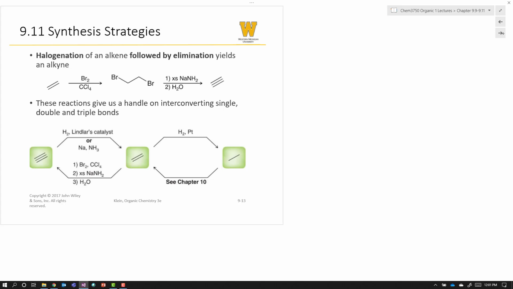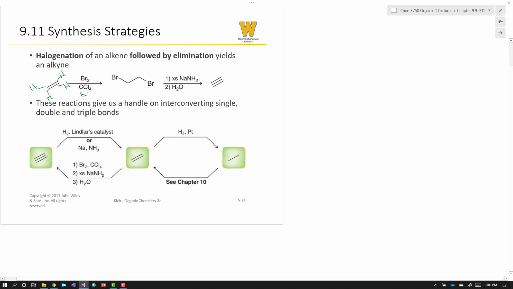We have halogenation of our alkene followed by elimination will yield an alkyne. And so we kind of have to go in and out, right? We have an alkene, which has 2 hydrogens here. We do a bromination in the carbon tetrachloride solvent.